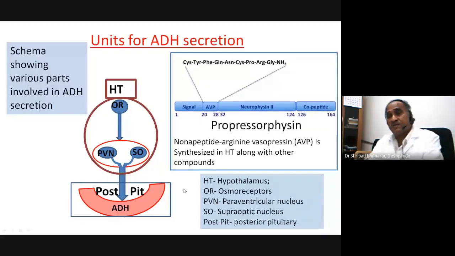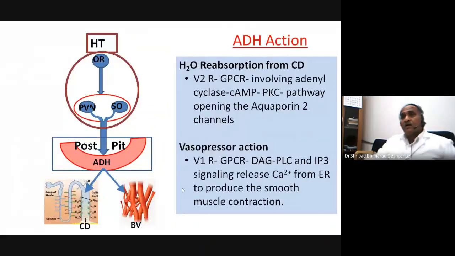Oxytocin also comes from the same group of neurons. Now, going back to the ADH action, I already mentioned the ADH tries to absorb water from the kidney, especially that part of the kidney that is the collecting duct.